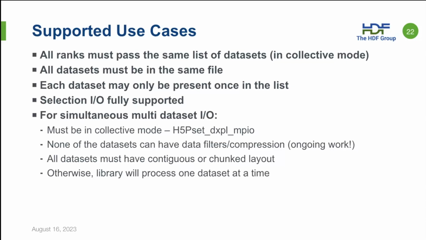Obviously, none of the data sets can have data filters or compression, and the data sets have to be contiguous or chunked. And if any of those conditions are violated, it'll still work, but it'll just iterate over data sets 1 at a time.